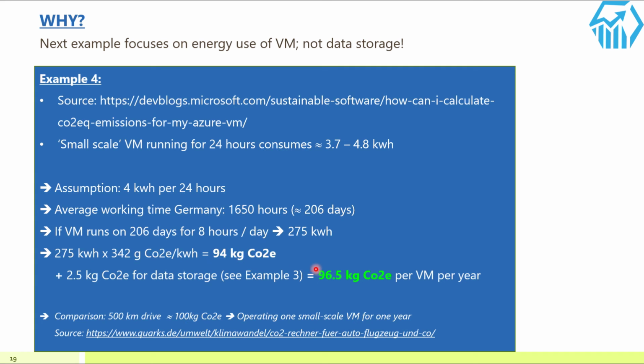If we add the previous 2.5 kilo for the data storage and do a bit of rounding, then we end up with approximately 100 kilo of CO2 emissions to run this VM and store the respective data for a single year. So one machine running for 1 year, doing some operations and tests, causes 100 kilograms of CO2 emissions.